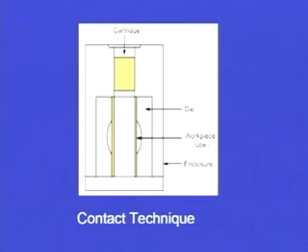This is a diagram of the contact technique of explosive forming. Here we see this yellow portion, which may not be too clear; it is the cartridge. Then this is the die. The die has the cavity, which is the shape that we want to give to our raw material.